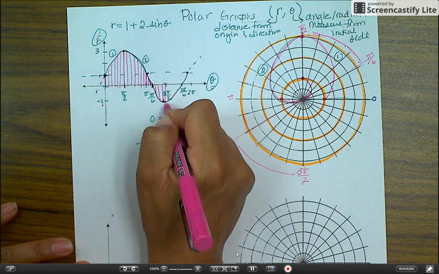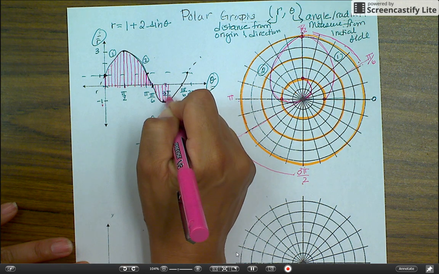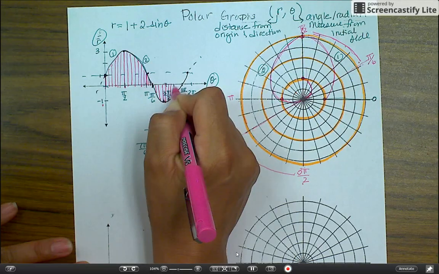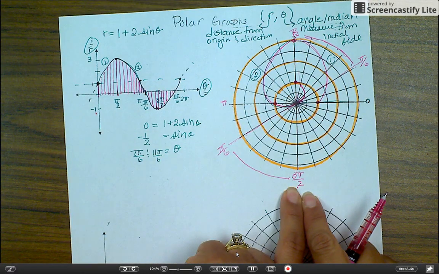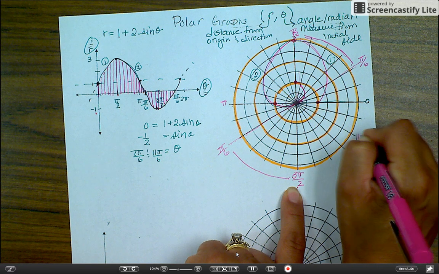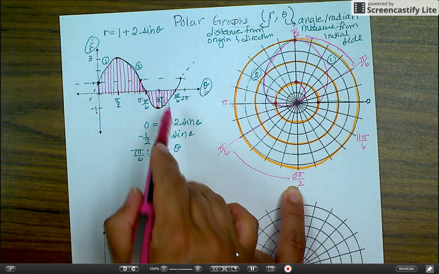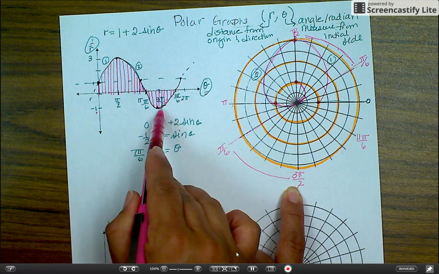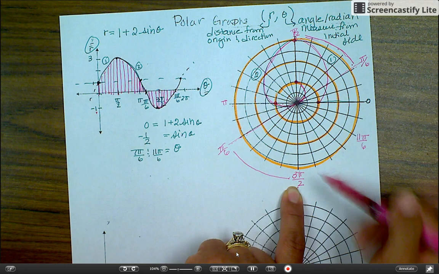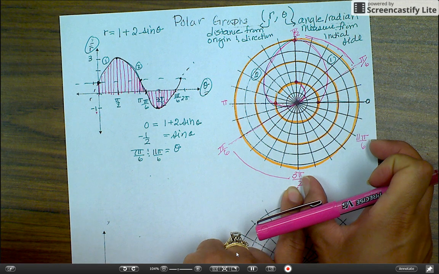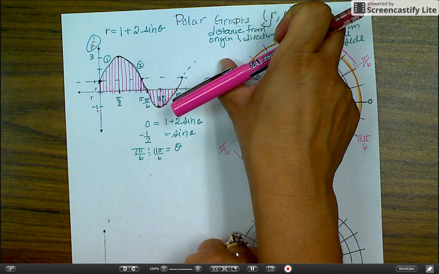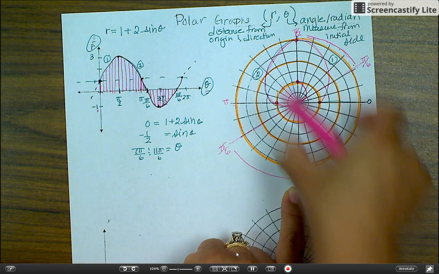Now, 3 pi over 2 to 11 pi over 6, they are decreasing down to 0. Here's 3 pi over 2. Here's 11 pi over 6. These are all negative. So instead of plotting in this area, we are going to be plotting in the opposite area. Everything opposite.